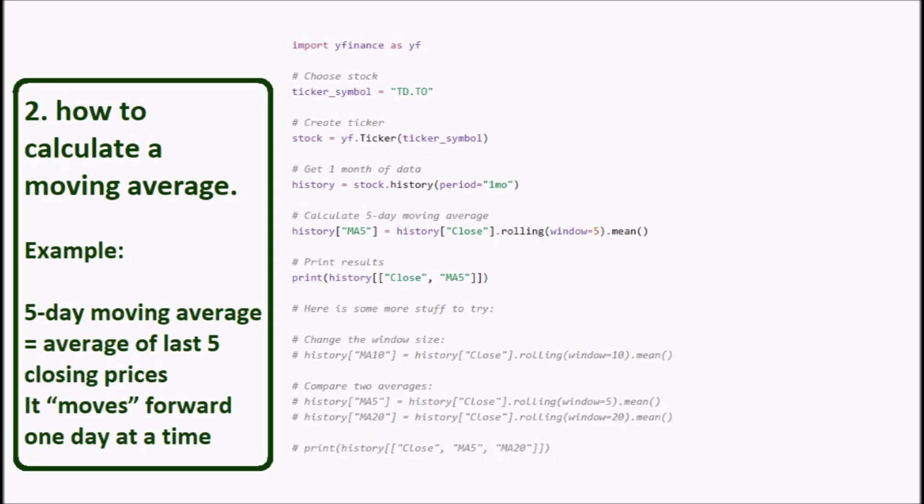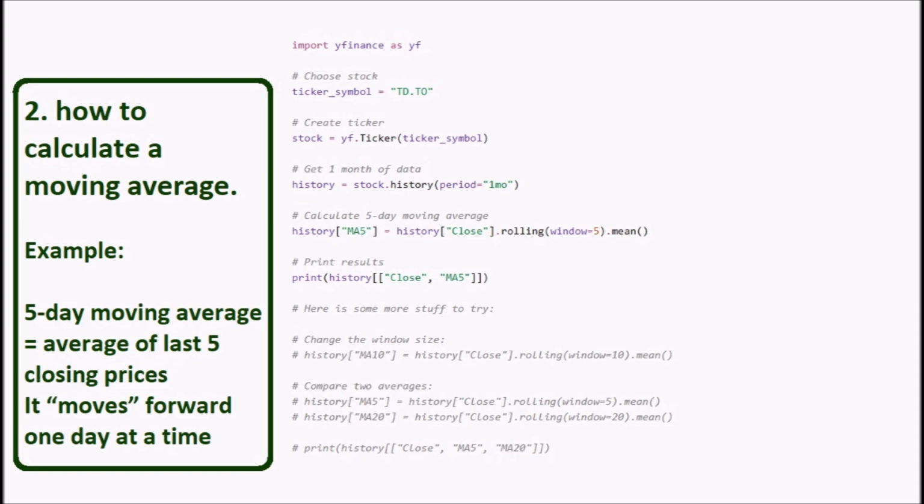Line 10, history equals stock.history of period equals 1mo. Fetches historical stock data for the past month. Line 13, history['MA5'] equals history['Close'].rolling(window=5).mean(). Calculates a 5-day moving average of the closing prices and stores it in a new column called MA5.